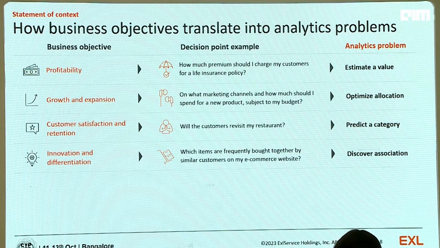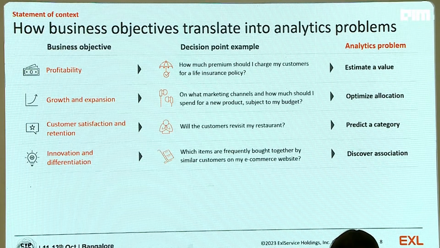They need to recommend that a customer who bought this also bought that. So that's a recommendation engine kind of problem. But that's different from estimating a value or optimizing allocations, right? It's a problem of discovering the association.